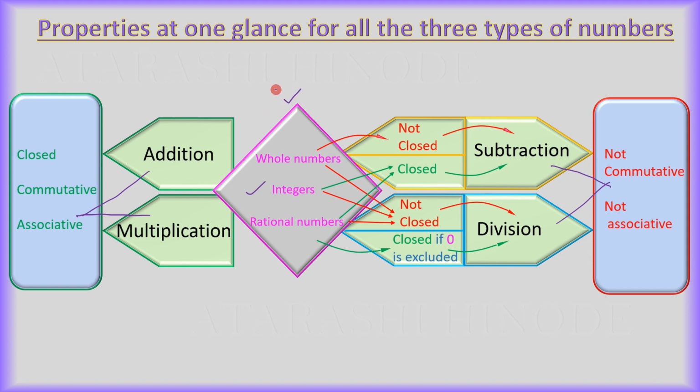All these numbers are closed under addition and multiplication. Whole numbers are not closed under subtraction, while integers and rational numbers are closed under subtraction. And all these numbers are not closed under division, but rational numbers are closed under division if 0 is excluded.